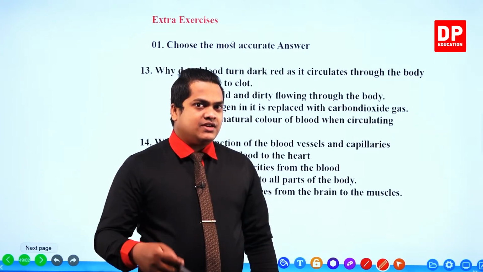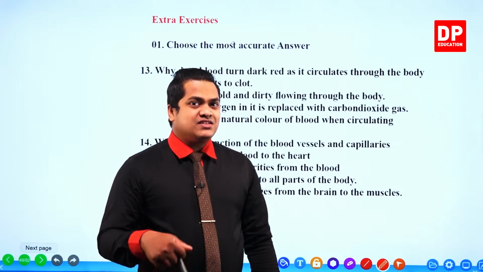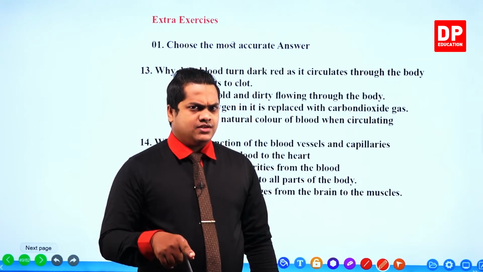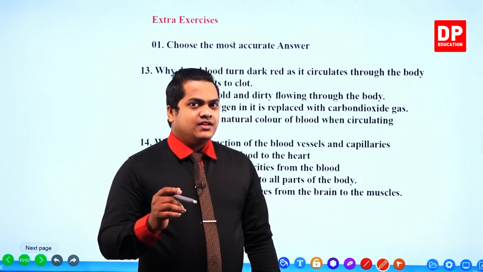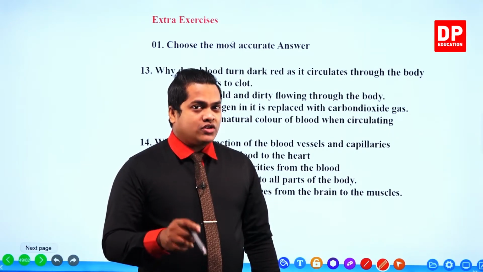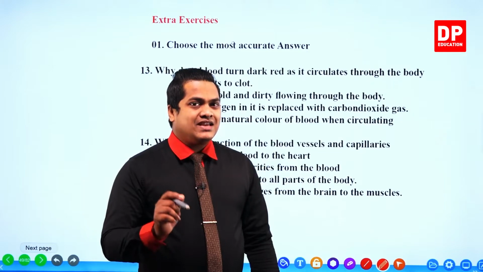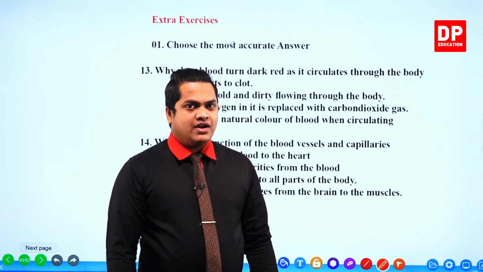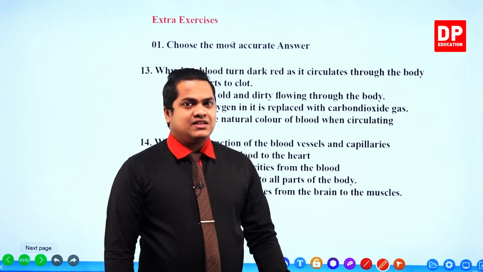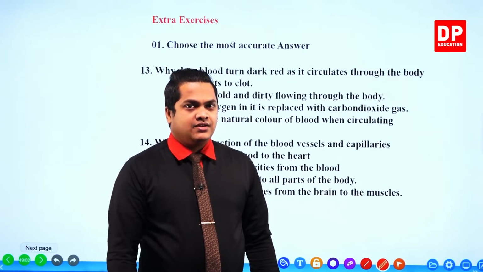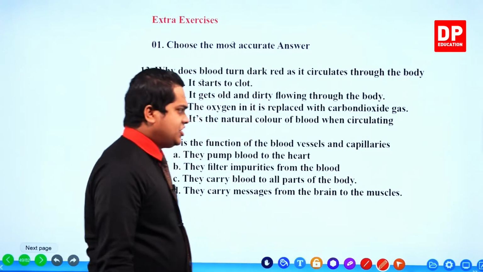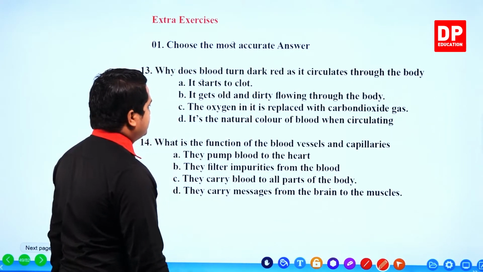When it circulates around the body, it turns dark red. What is the reason? Because, my dear children, the oxygen is now getting converted to carbon dioxide, because cells are absorbing oxygen and giving away carbon dioxide. So let's see what are the given answers.